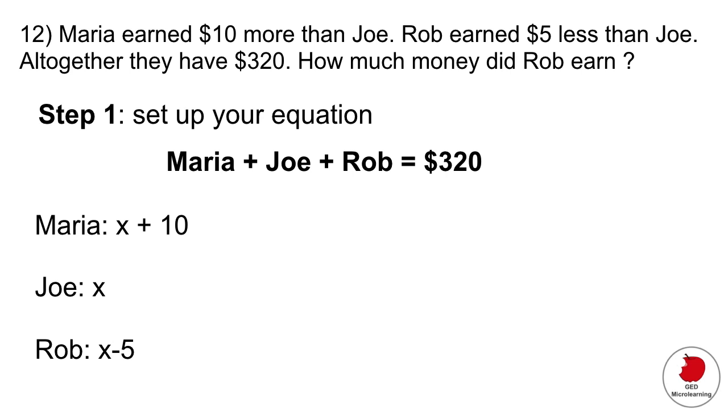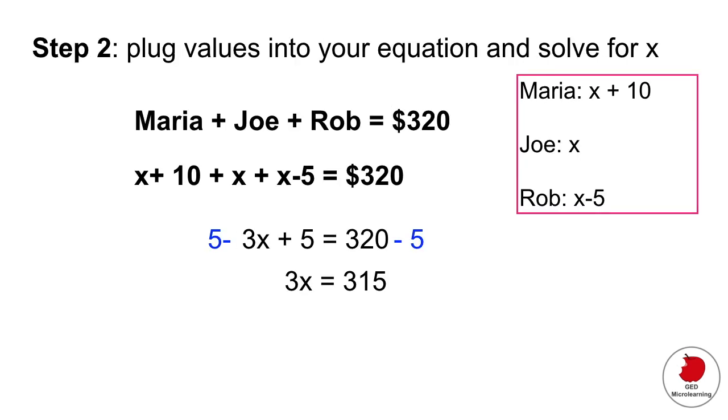What you have to do is just simply plug them into your equation, okay? So again, first thing that you want to do is get like terms together, right? So you would get these 3 x's here. So you end up with 3x there. And then you want to deal with this 10 and this 5, which gives you positive 5.